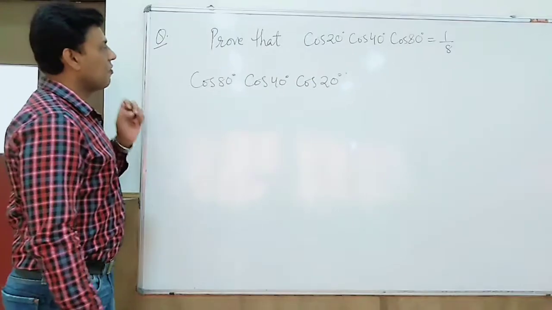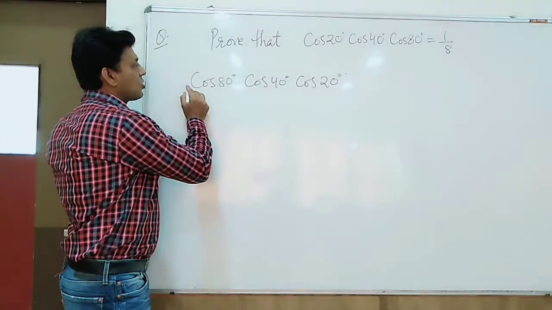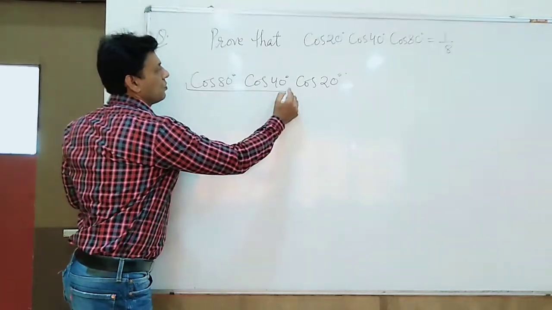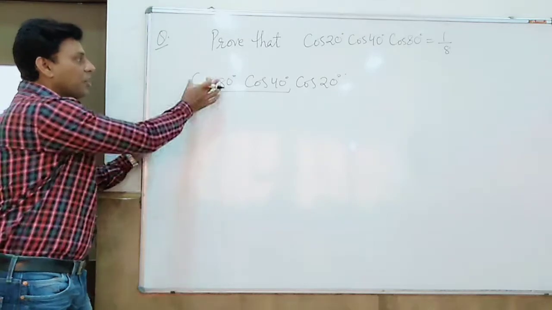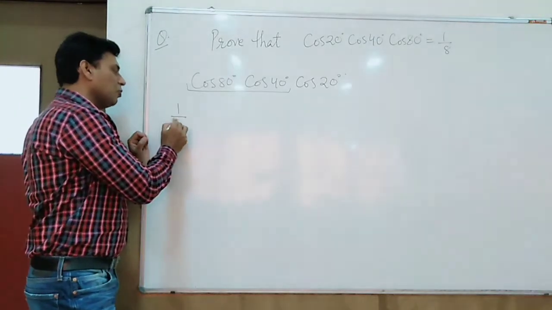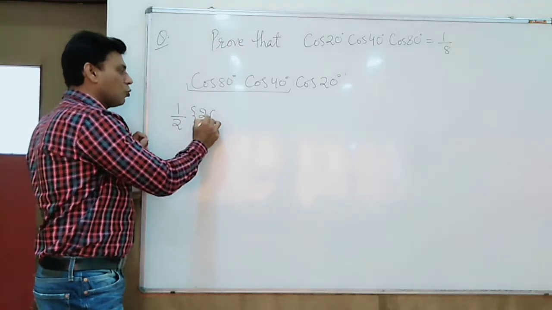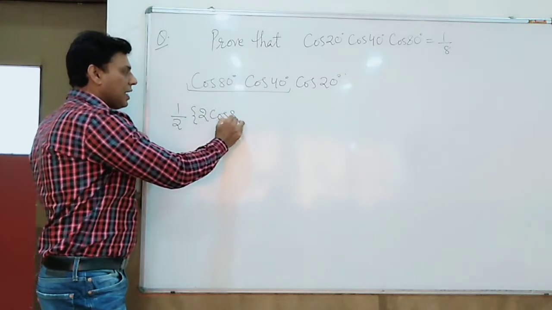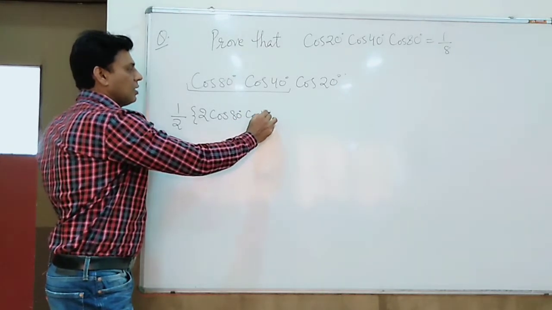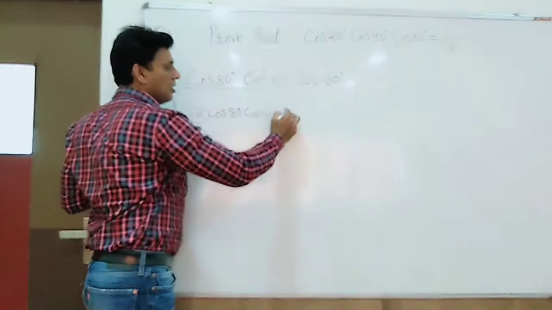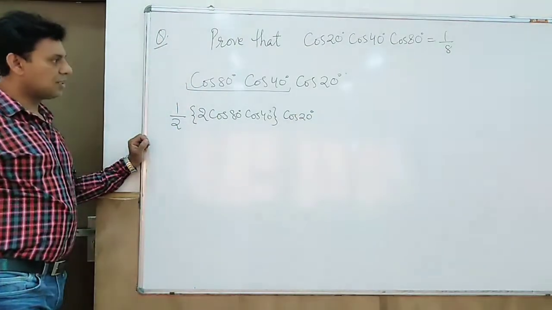So now we have to think that first we will solve these two. We can apply the formula of 2 cos A cos B, but we don't have 2. So to create 2, we can divide by 2 and multiply by 2, that is, 2 cos 80 cos 40, and keep cos 20 aside.